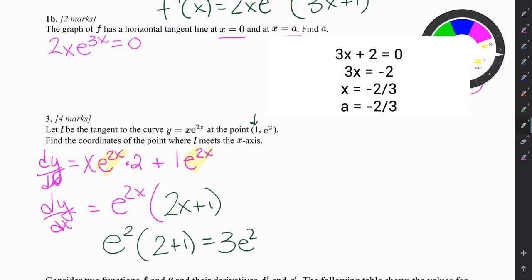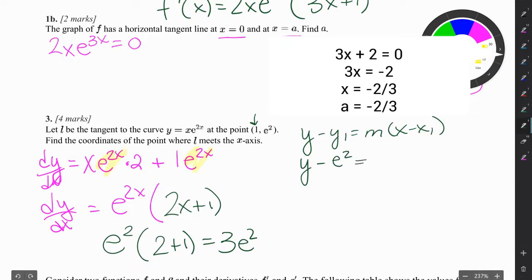Now I have a slope and a point, so I can put my slope and point into point-slope form and find the equation of the line. So y minus y1 equals m times x minus x1, that's point-slope. y minus my y coordinate, e squared, equals my slope, 3e squared, times x minus 1, because my x coordinate is 1.